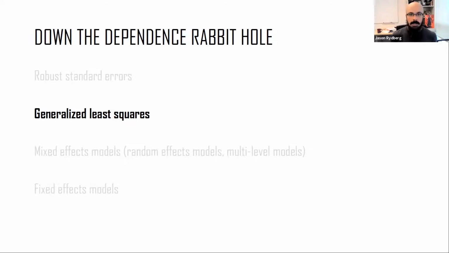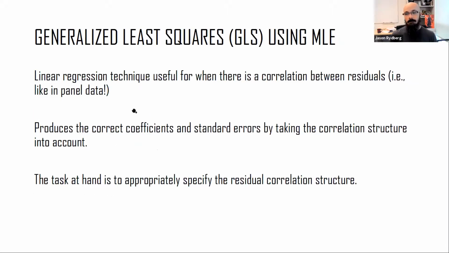We'll now talk about generalized least squares, where we try to think a little more about what that dependence looks like, and whether we can take some of that information with us into our estimates. I think this is really intriguing. I kind of like this stuff, so hopefully you will too.